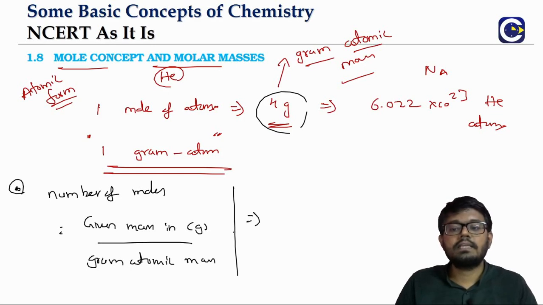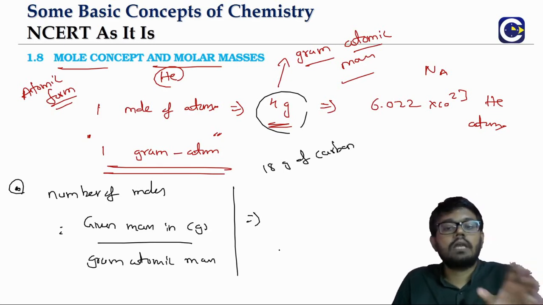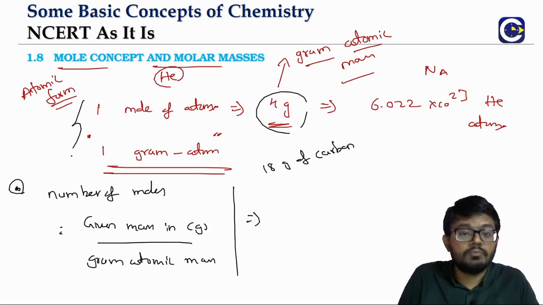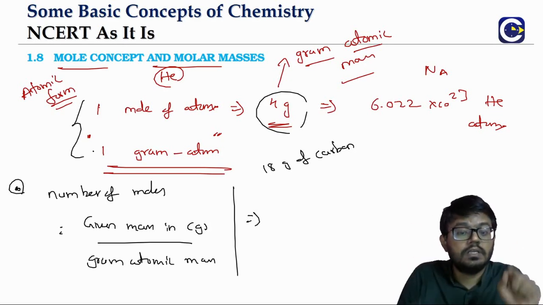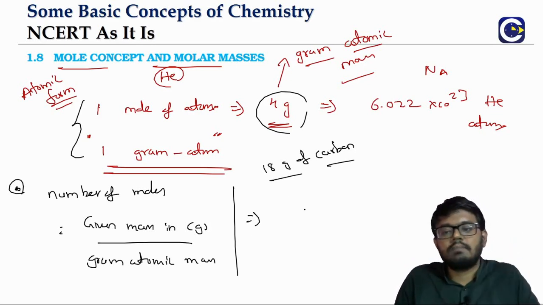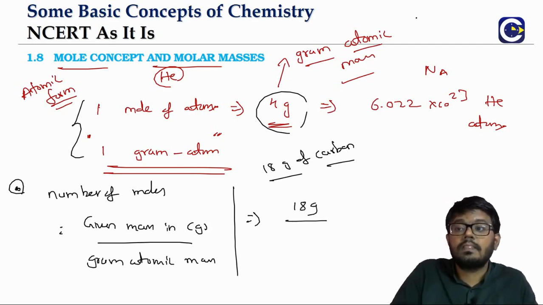Suppose somebody says we have 18 grams of carbon, and we want to calculate the number of moles of carbon atoms. Remember, the number of moles of carbon atoms can also be called the number of gram atoms of carbon. So what you have to do is take the given mass divided by the gram atomic mass of carbon. It will be 12 grams.